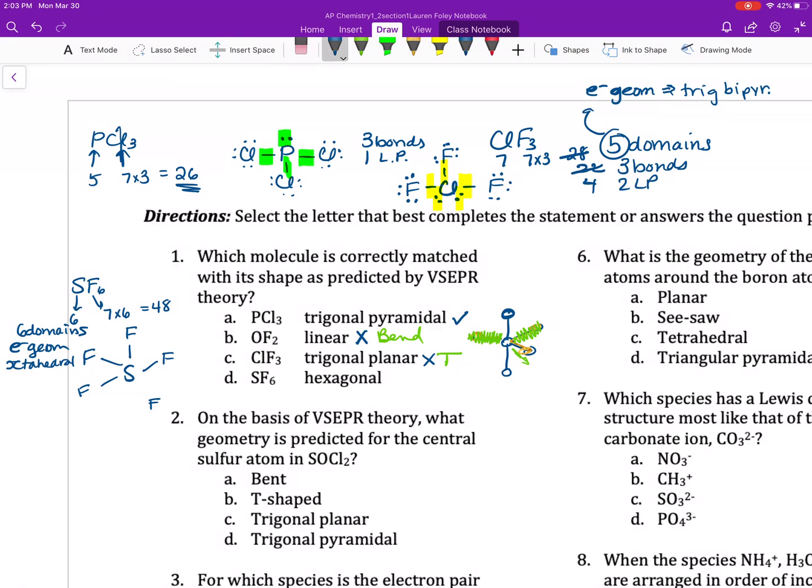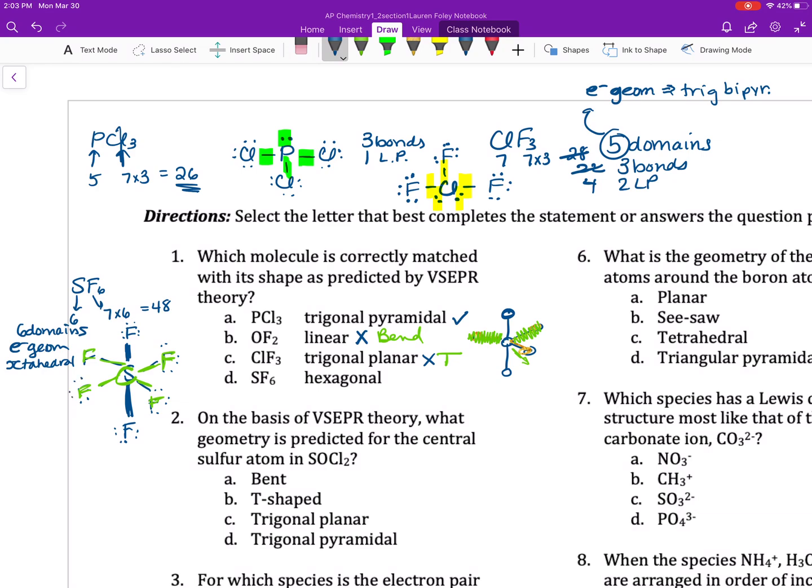These fluorines would be arranged on a vertical axis, and then these other 4 fluorines would be arranged in a cross pattern around the equator here. Now since all 6 of these domains, oh, I have to fill in my electrons. I did 12, and 6 times 6 is 36, so 36 plus 12 is 48.